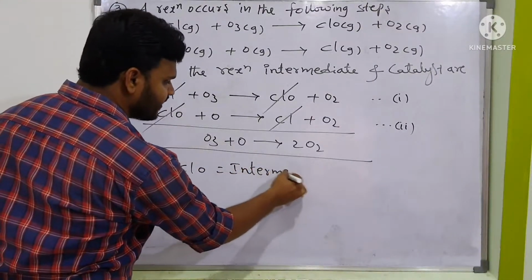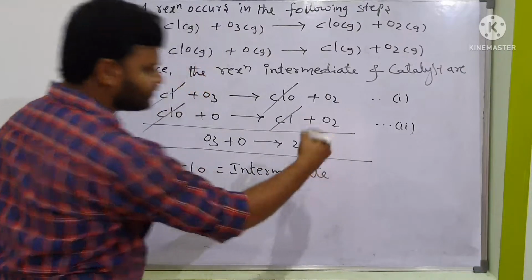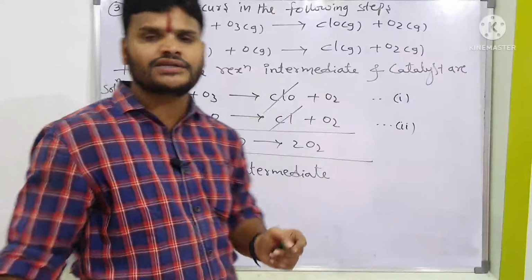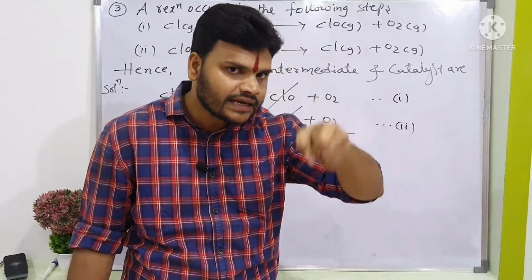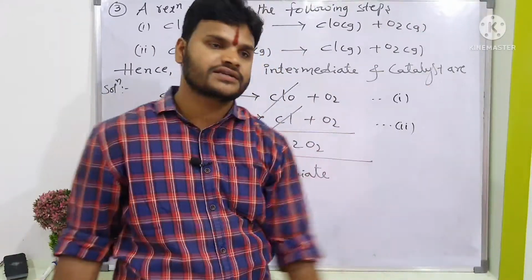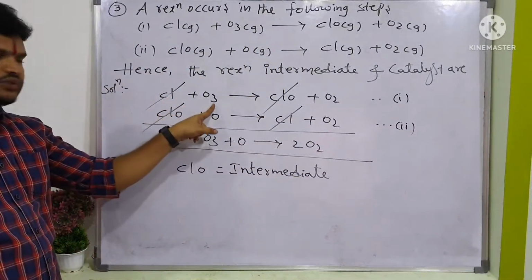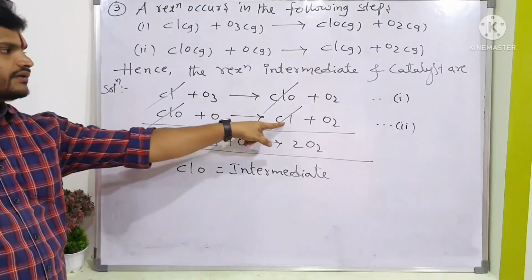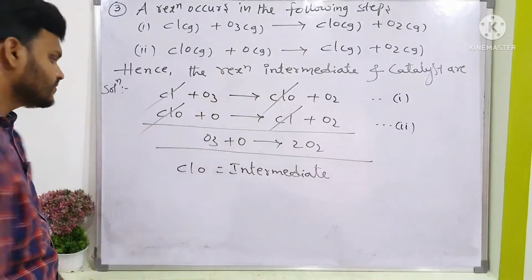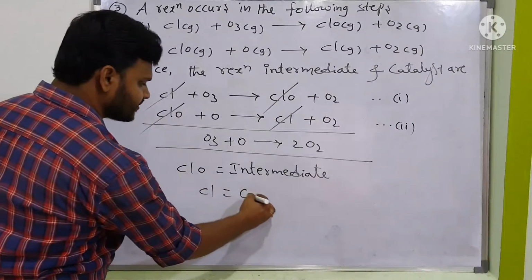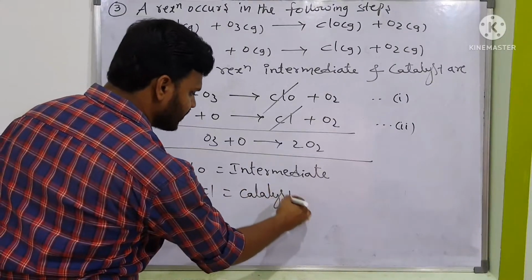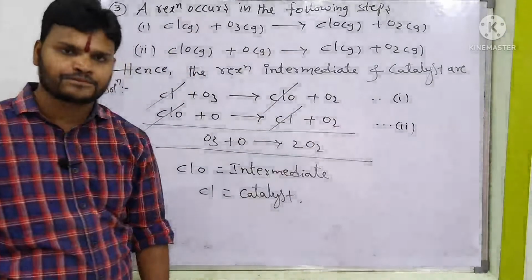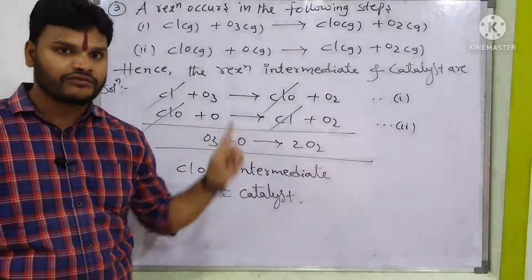What is intermediate here? ClO. Next, what I told you about catalyst. Catalyst, it is reacted in first step and removed in second step. Cl reacted with O3 in first step and Cl removed in second step. So anyhow Cl is a catalyst. Is it clear, my dear students? Yeah. Just look at the board. Very, very important.